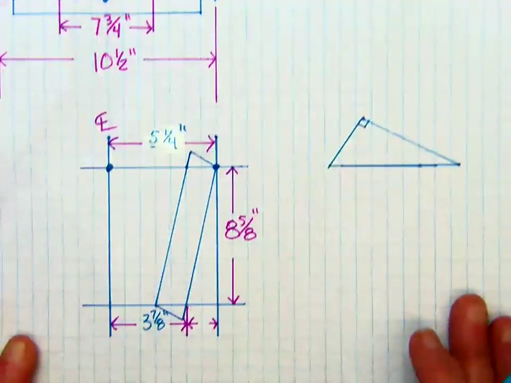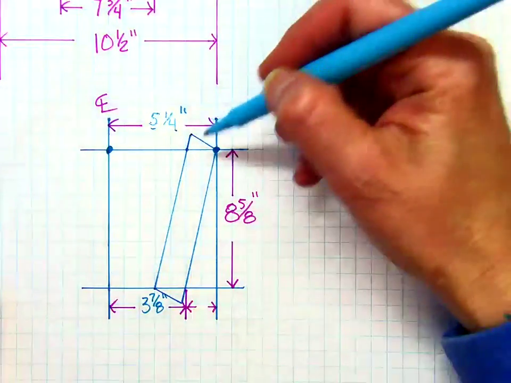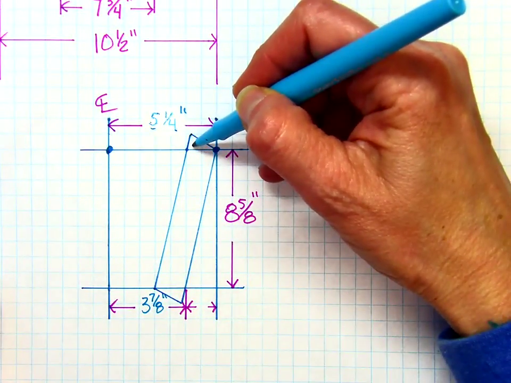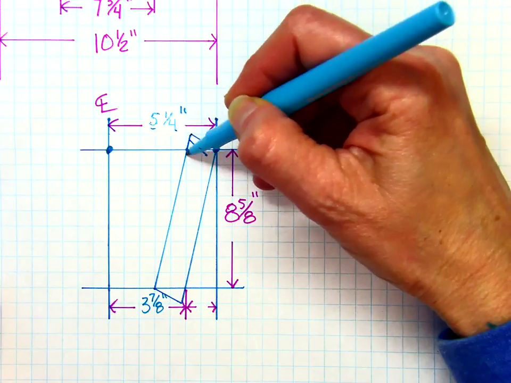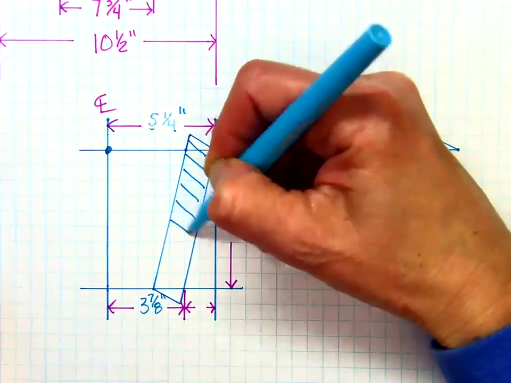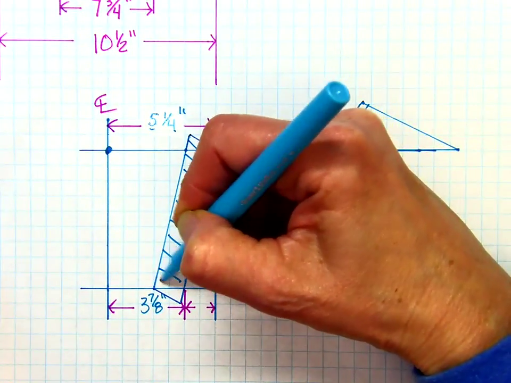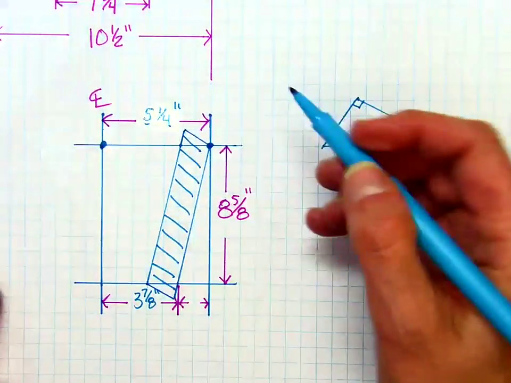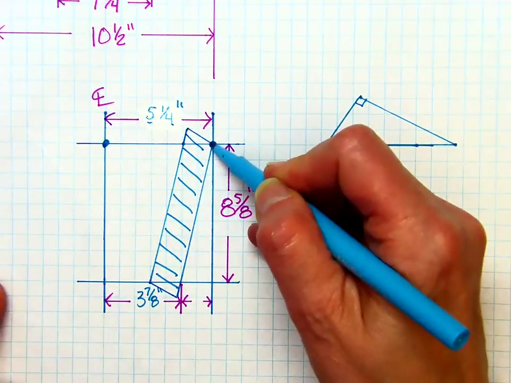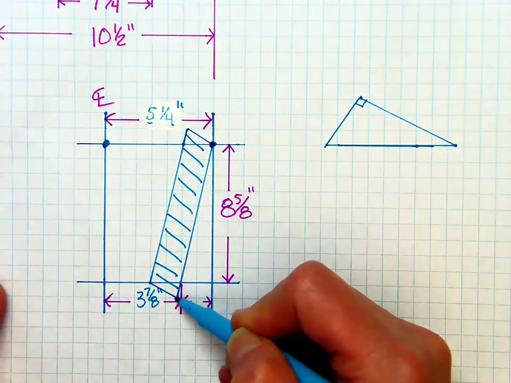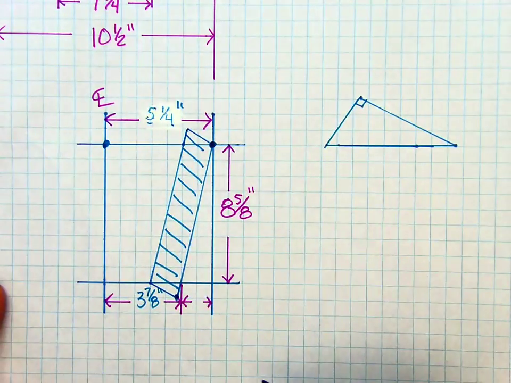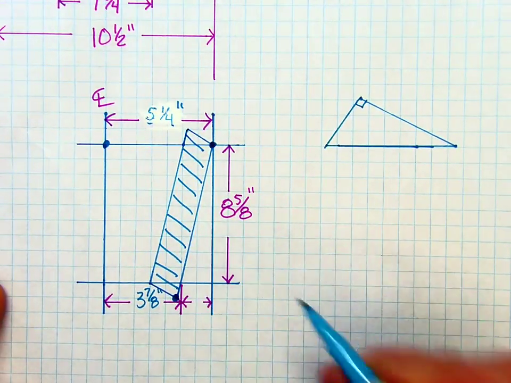If we look at this piece here, this is the edge of one of the, like the right side, okay? I'll just draw lines here. So if we're looking for the length, that's going to be from this point all the way down here, okay? It's kind of hard to see, but right there.